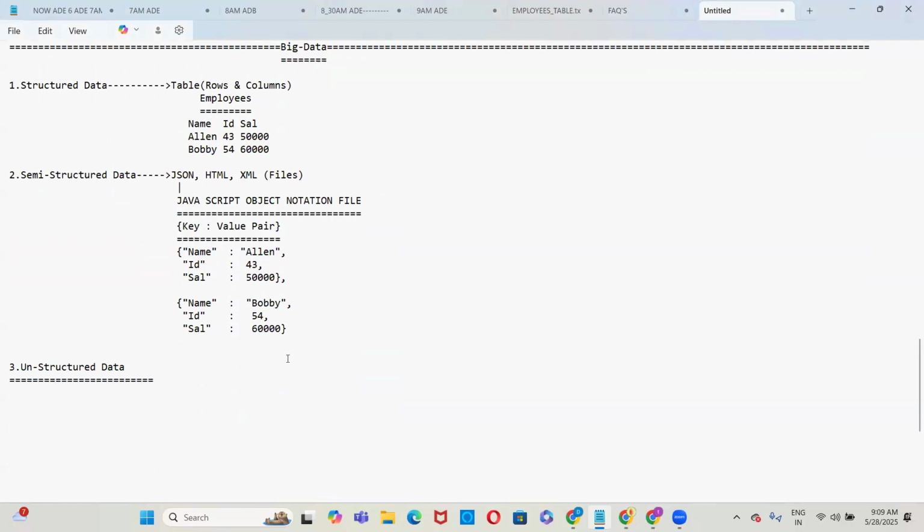Now, guys, what do you mean by unstructured data? Unstructured data is nothing but data that has no structure. The unstructured data is nothing but the photos you have on your mobile phone, then the videos, chat history.